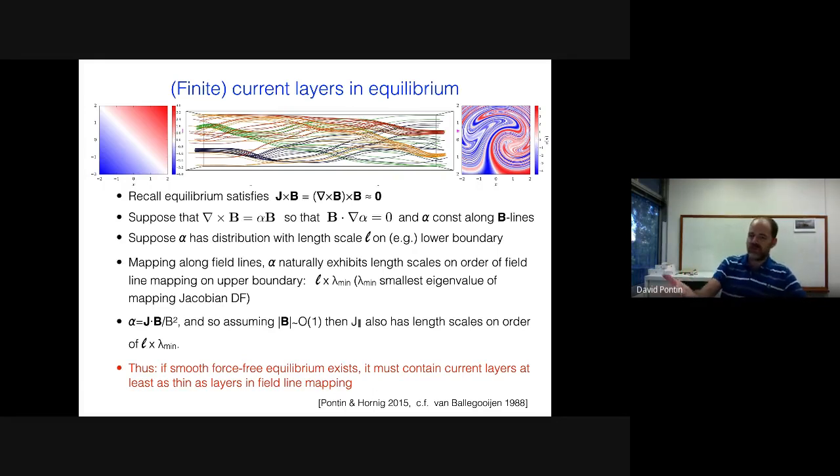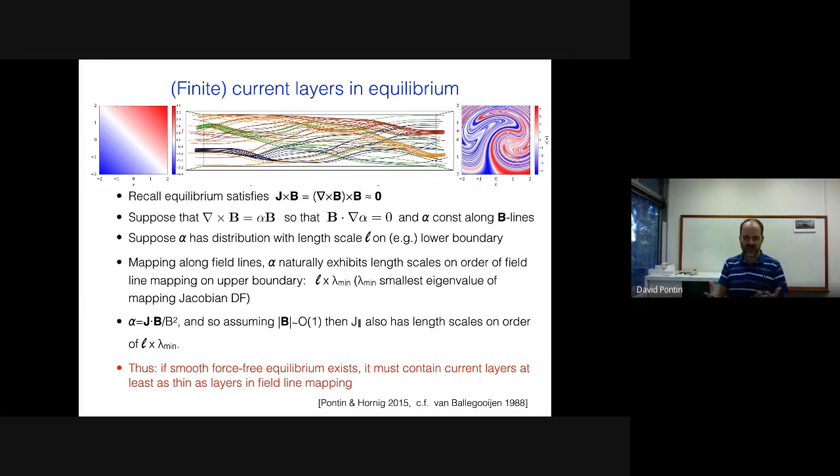So we've argued that if we have a tangled field, then we have to have alpha having small length scales in the direction perpendicular to the loop, somewhere in the loop. But then alpha is by definition just J dot B over B squared. And if we assume that the field along the loop is dominant, then say B is of order 1, and alpha is just proportional to the parallel current, J parallel.